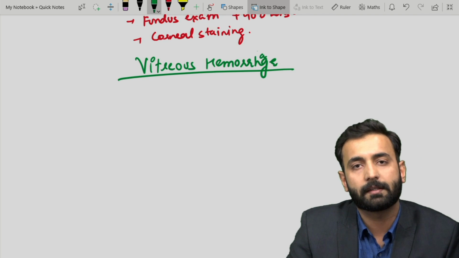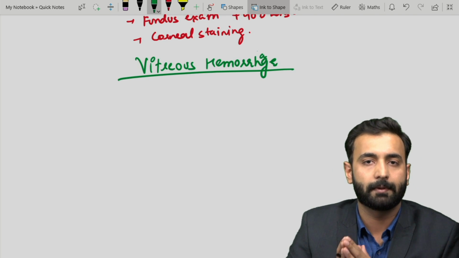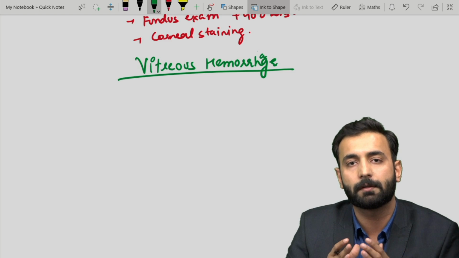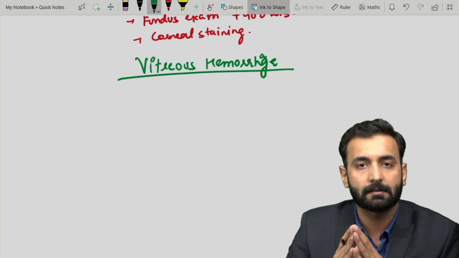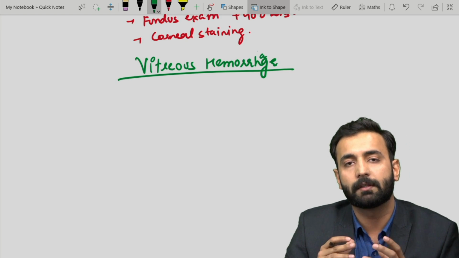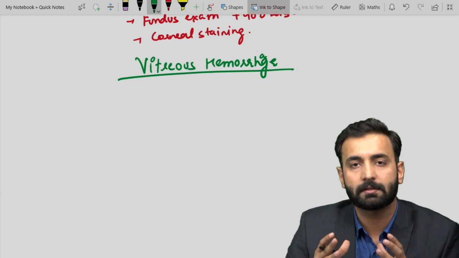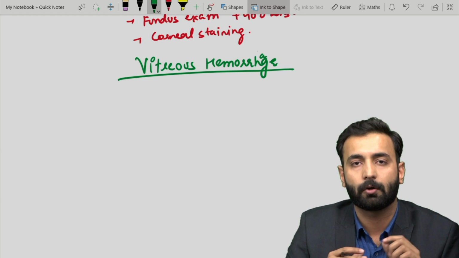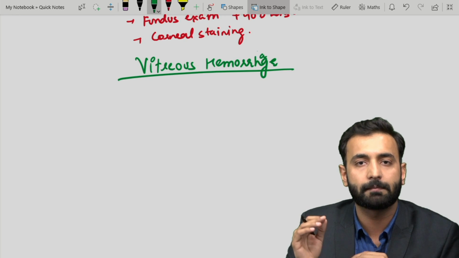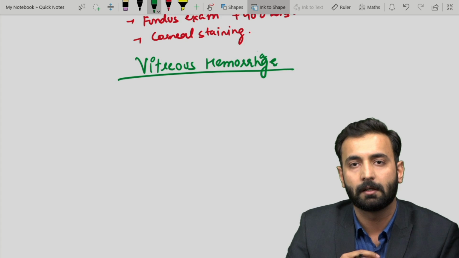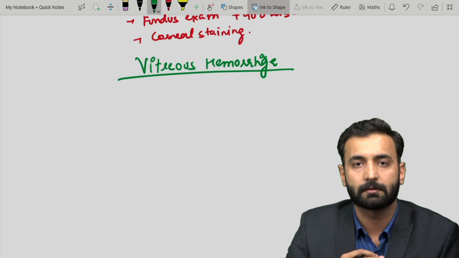Vitreous hemorrhage is an intraocular bleeding through which the patient will present to you with painless and sudden loss of vision, and he will complain of floaters. Floaters are multiple black dot like opacities. Patient complains that he is seeing multiple black dot like opacities. These are known as floaters, right.